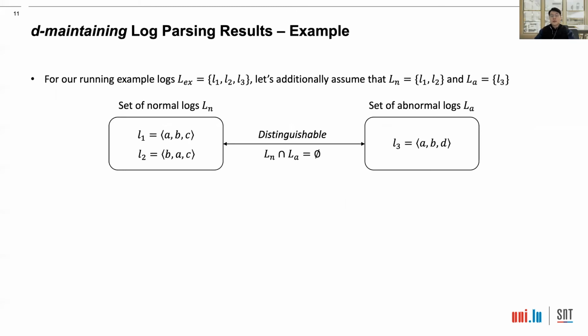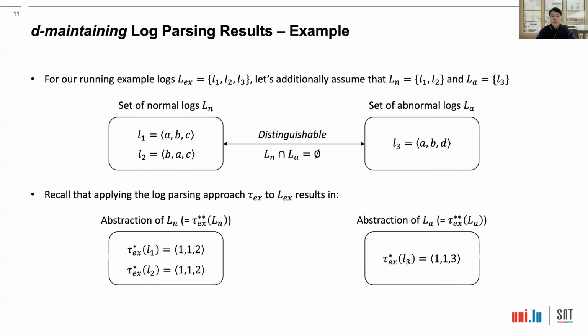So let's go back to our running example and see how the distinguishability-maintaining concept works. Let's additionally assume that L1 and L2 are the normal logs and L3 is the abnormal log. As you can see in the figure, these normal and abnormal logs are, in the first place, of course, distinguishable. Definitely ABD is distinguished from ABC and BAC.